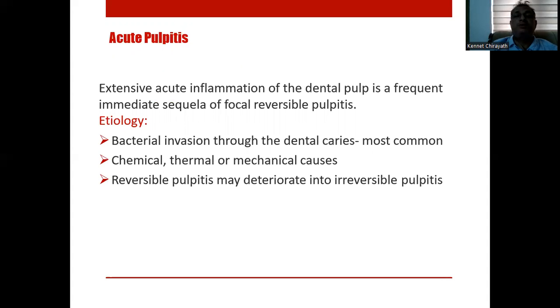It is a frequent immediate sequela of focal reversible pulpitis. The causes are bacterial invasion through dental caries, and chemical, thermal or mechanical causes. Reversible pulpitis may deteriorate into irreversible pulpitis.